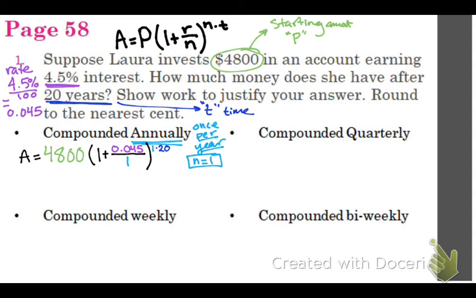I'm going to come around and have everyone show me that they've gotten the right answer in the calculator. What you're going to do is put 4800, those keys, an open parentheses, 1, the addition sign, the fraction key. The fraction key is the third row down, the second key in from the left.